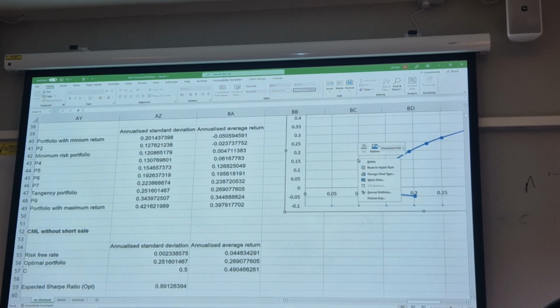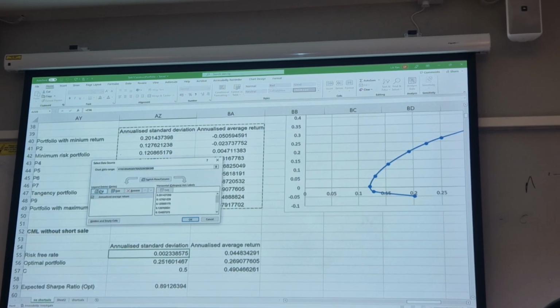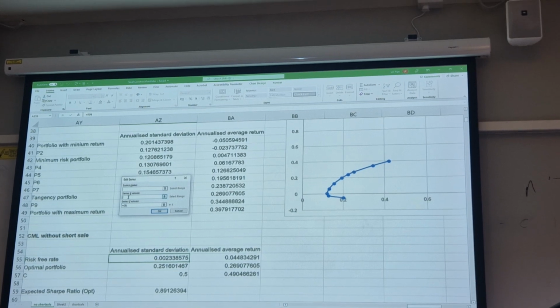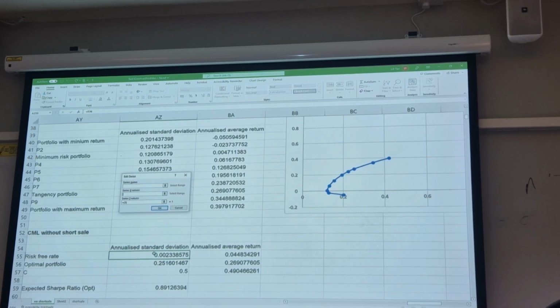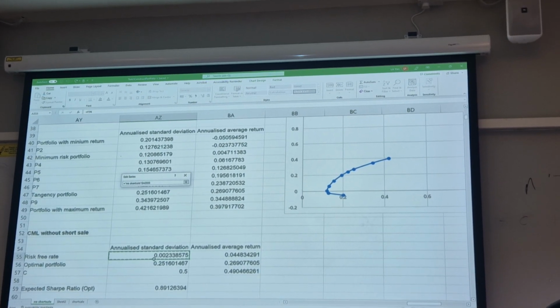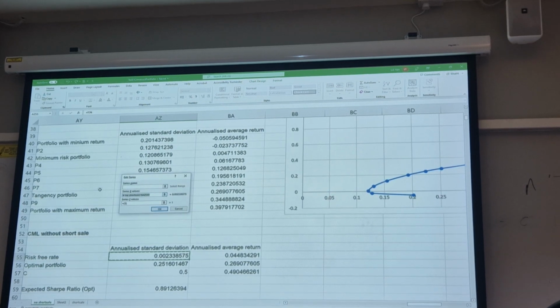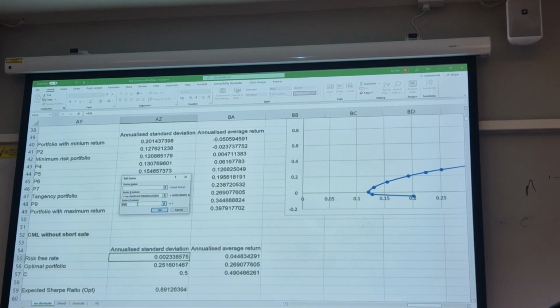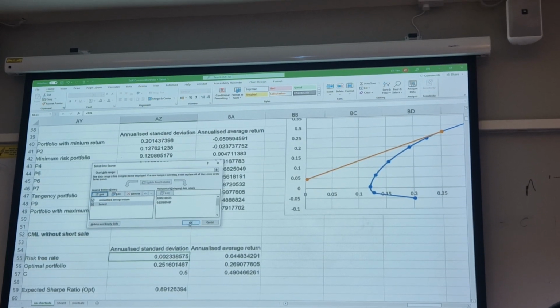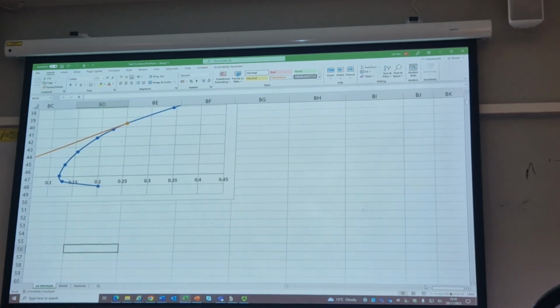I select the data and then add data. The x value is the standard deviation of these two, and the y value is the return. And then that's it.